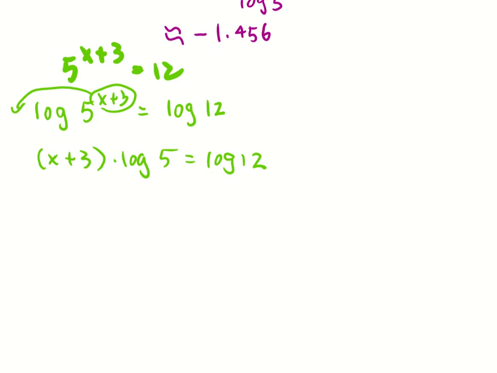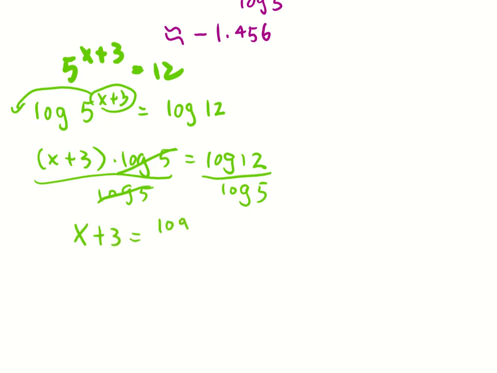Instead of distributing the log of 5 to x and 3, I can divide log of 5 on both sides so that the x plus 3 part could be by itself. So you have x plus 3 equals log of 12 over log of 5.